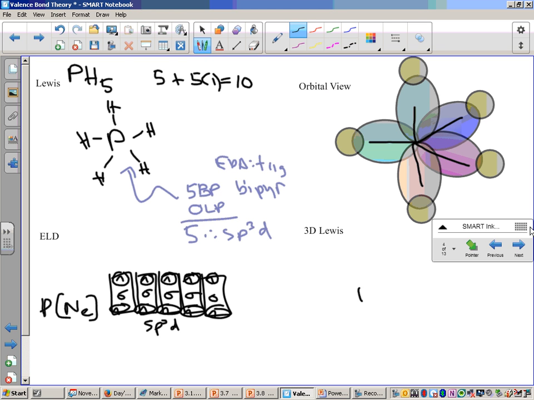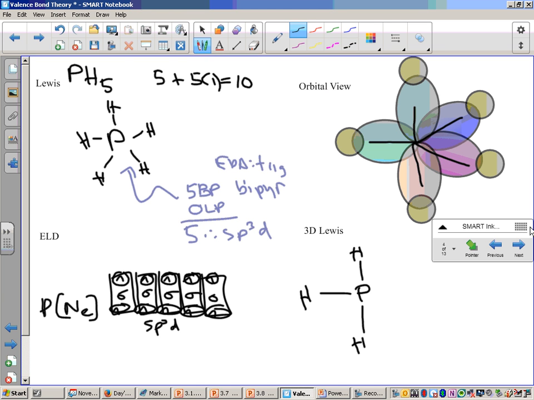So in this case, phosphorus in the middle. One bond heading up north to the pole, one heading down south to the pole. And then it doesn't matter which way you head with this. I know what I've got on the board is 180 degrees rotated from this. Doesn't make any difference, but I'll make it look the same as this one. Over here, that's in the plane of the paper still, right on the page.